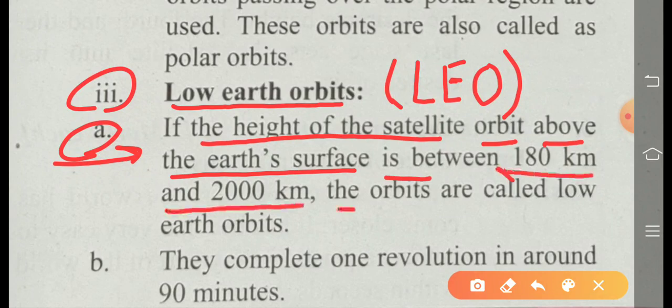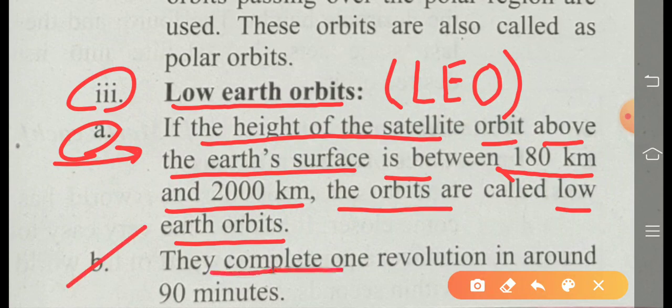Those orbits are called what? Low Earth orbit. Second point: they complete one revolution in around 90 minutes.